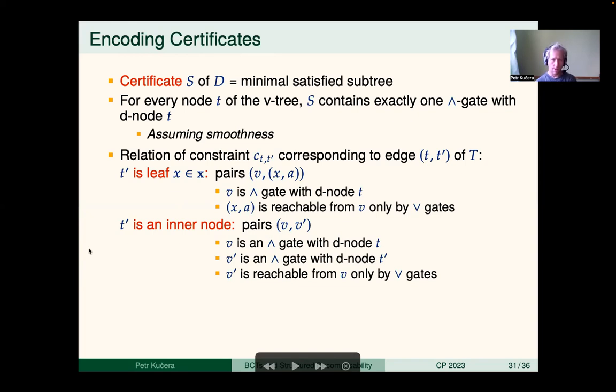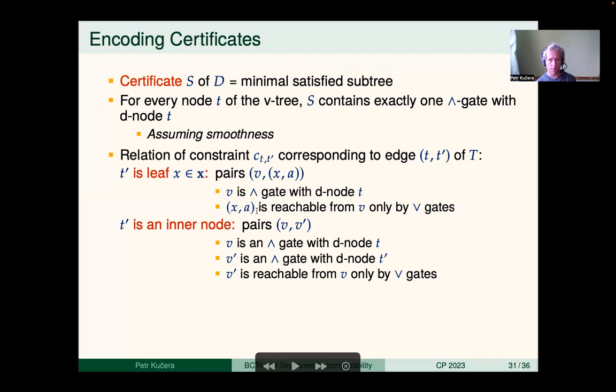It's either a leaf, when it's an original variable, then we define a constraint with a scope where V and X_A, where V is a conjunction gate with D node T, or the tuple that represents that's part of the relation, one part is the conjunction gate with the D node T, because that's one side.